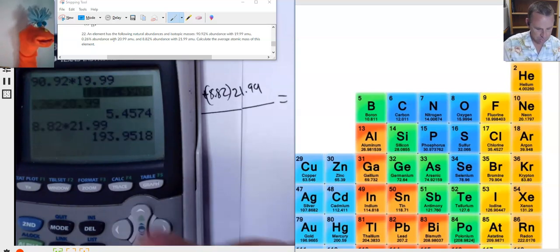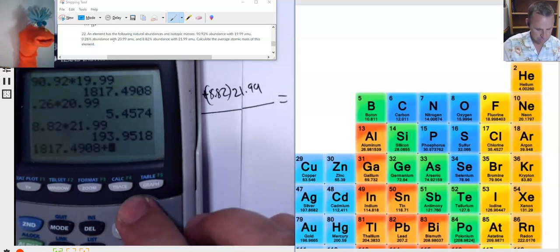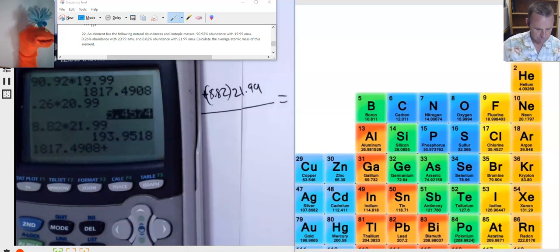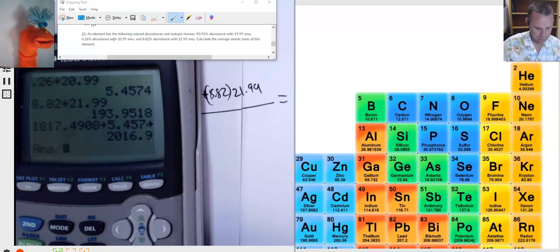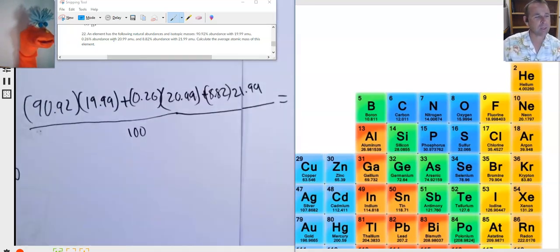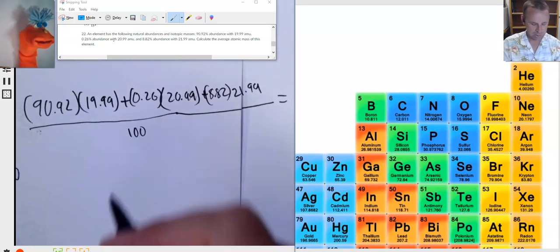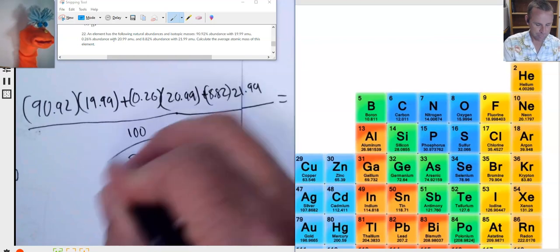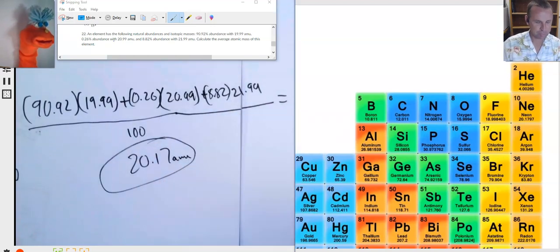Yeah, we've got to add these all up. And then I can divide by my 100. So that's 20.17. And that will be my average atomic mass. AMU, atomic mass units. Okay? Good.